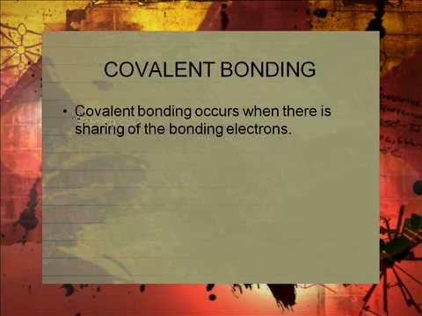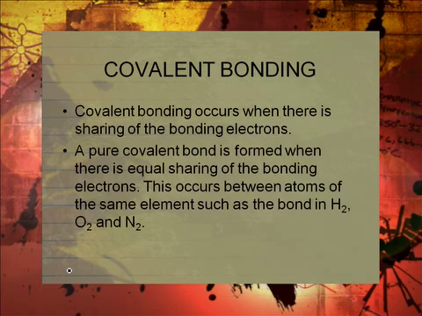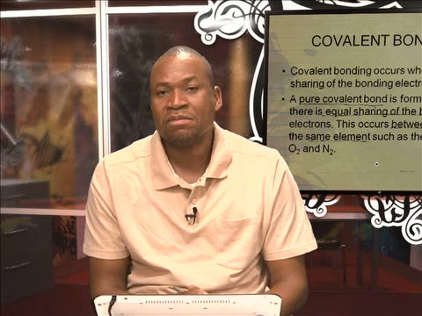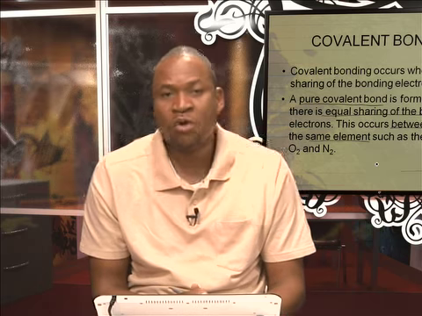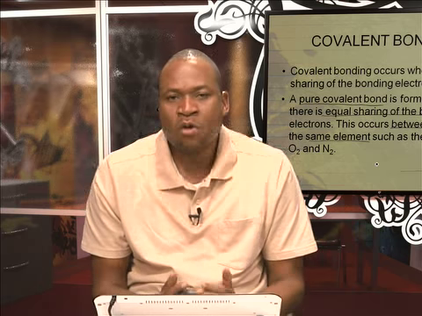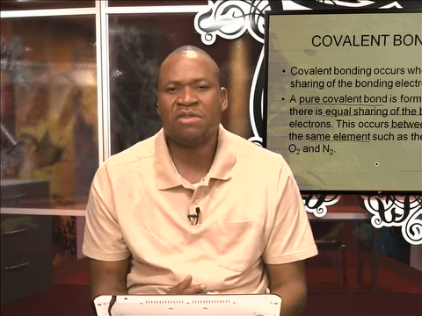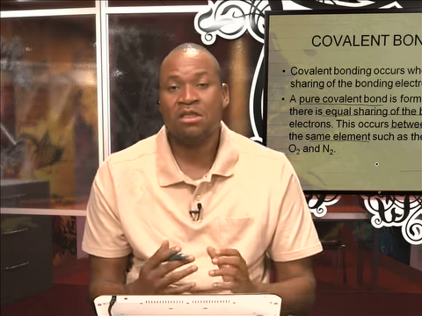Now, covalent bonding occurs when there is sharing of the bonding electrons, okay? A pure covalent bond is formed when there is equal sharing of bonding electrons, and this occurs between atoms of the same element, such as the formation of the hydrogen molecule, the diatomic molecule H2, or oxygen O2, or you would think of the chlorines, the bromine, those ones.